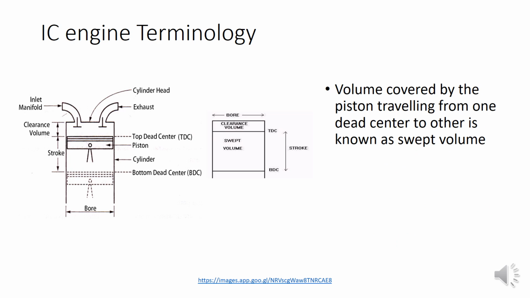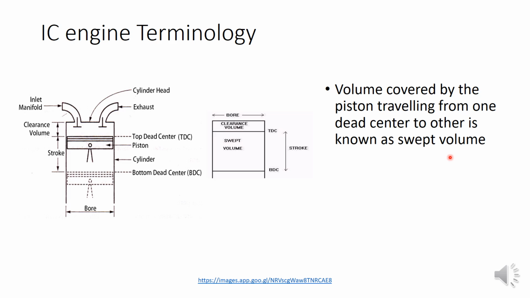Now we have three important volumes for an IC engine. The most important one is swept volume. You might have seen that for every vehicle we associate some number. For example, Maruti 800. What does this 800 represent? Is there any significance?